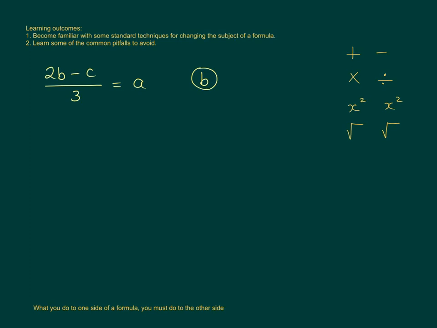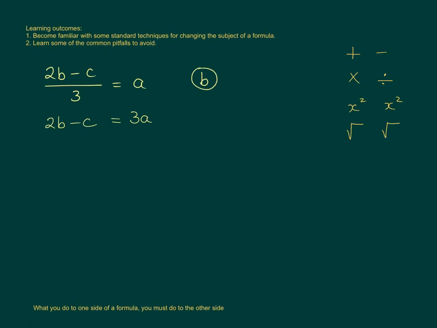So you multiply both sides by 3. If you multiply the left-hand side by 3, you simply get 2B minus C. Multiply the right-hand side by 3 also gives you 3A. It's better to think of it like that rather than to think of ideas like cross multiplication, which you might be very familiar with, but it's important to understand why you can do it if you're doing it.